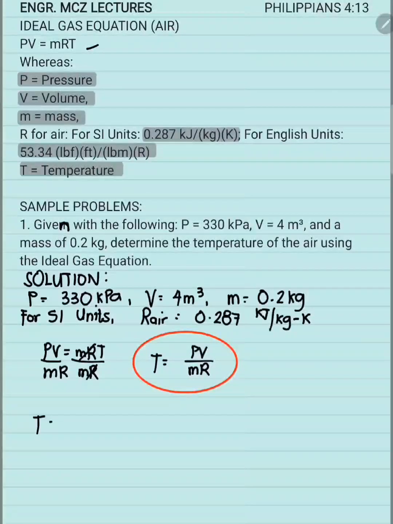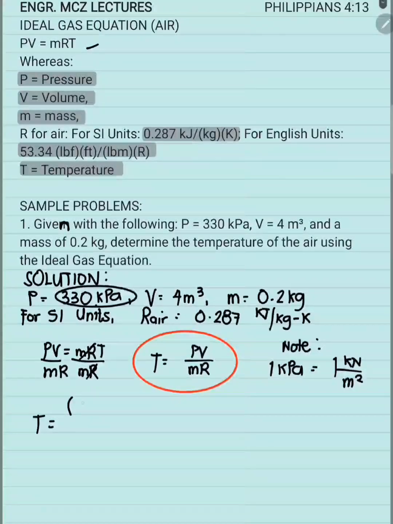Now, we have T equals, but let's take note first that 1 kilopascal is equal to 1 kilonewton over square meter. So we can say that 330 kilopascal is also equal to 330 kilonewton over square meter. Now, we are already okay with pressure.